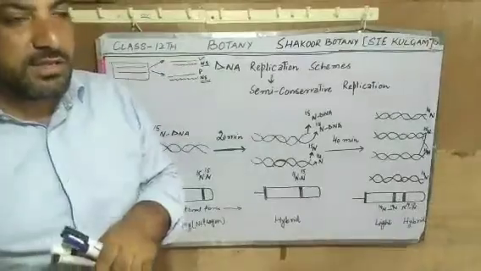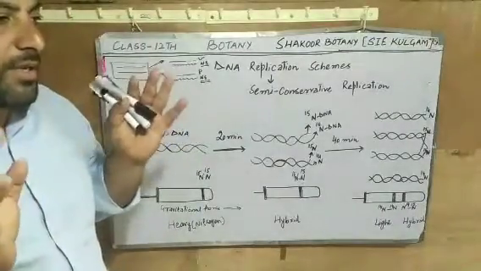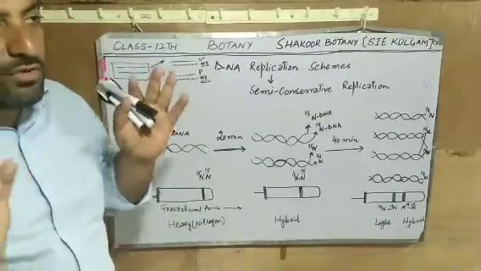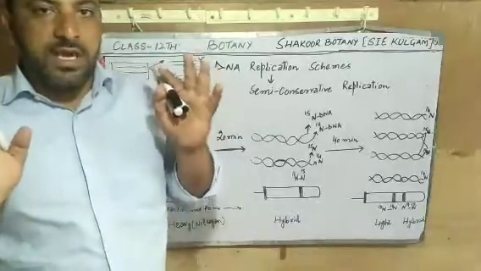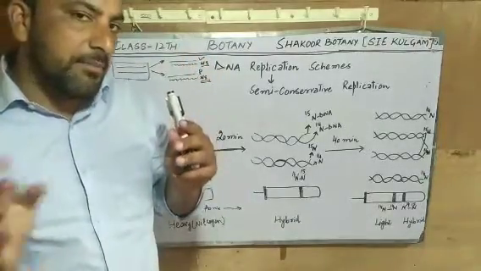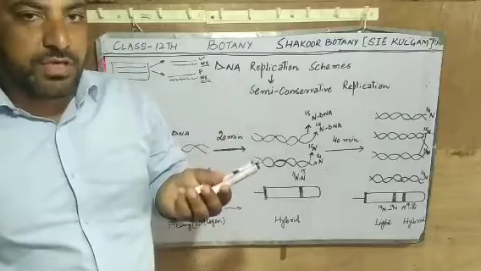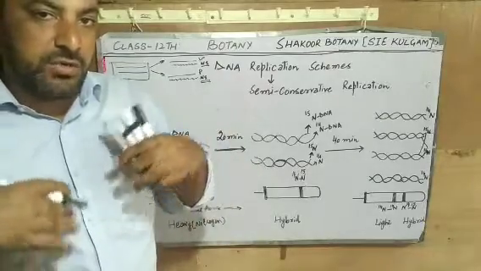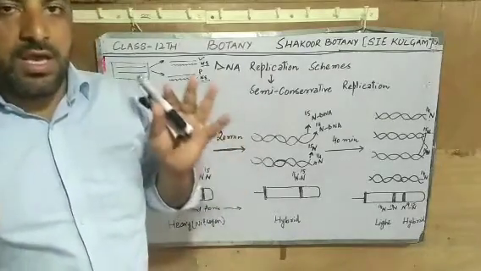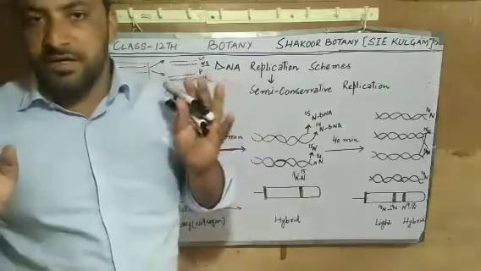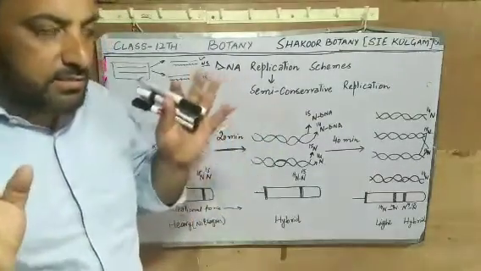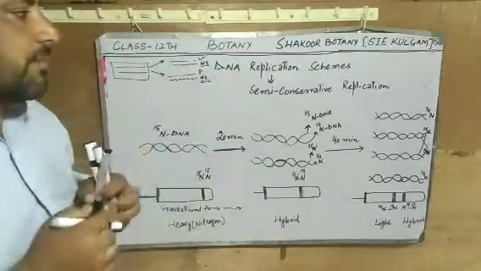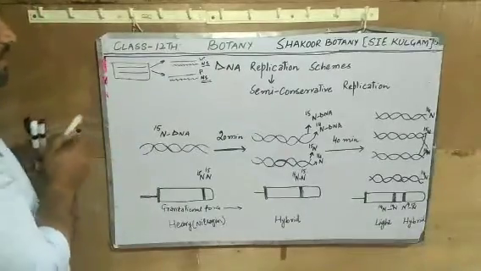one newly synthesized strand. This mode of replication where a DNA molecule separates into two strands and each strand acts as a template for the synthesis of a new DNA strand, and each newly synthesized DNA molecule has one parental strand and one newly synthesized strand, this scheme of replication is known as semi-conservative.